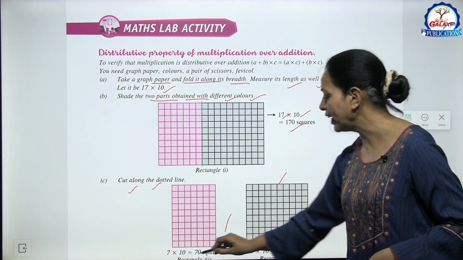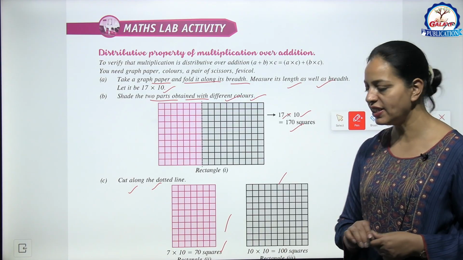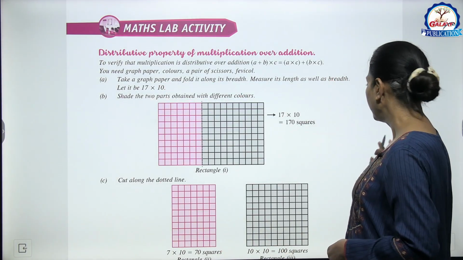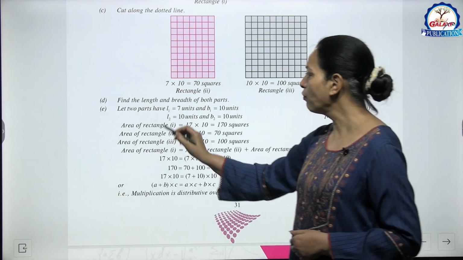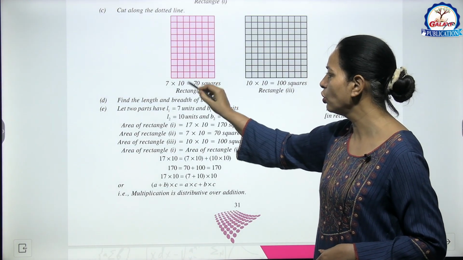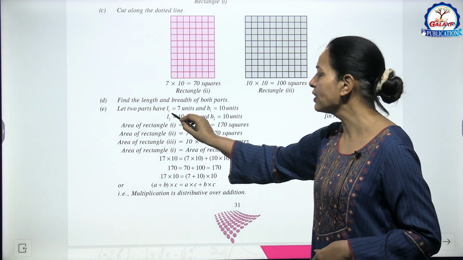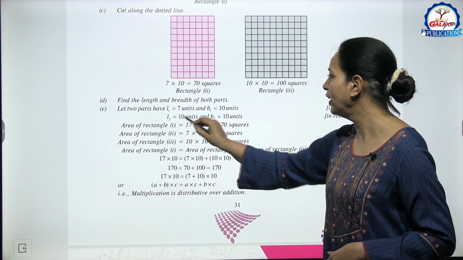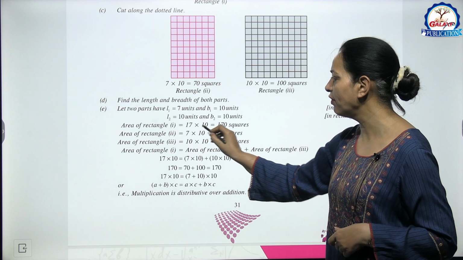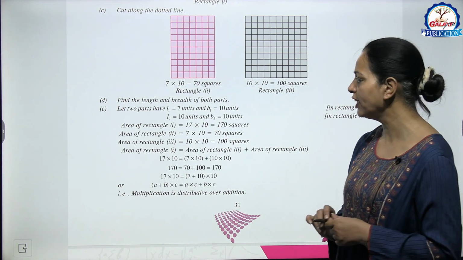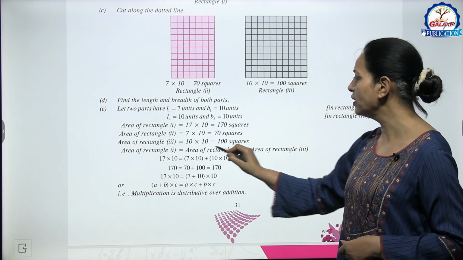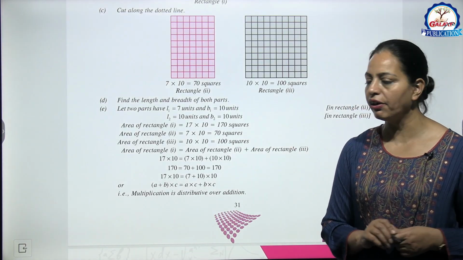Now C part, cut along the dotted line. After cutting, we are getting 7 into 10, that is 70, and here 10 into 10, that is 100. Now next is D part, find the length and breadth of both the parts. So here, as I told you, let the two parts be L1 7, B1 10, L2 10 and B2 10. Now area of first rectangle 17 into 10, that is 170 square units. Area of second rectangle 7 into 10, third one 10 into 10, that is 100.